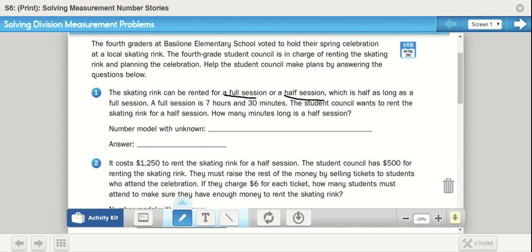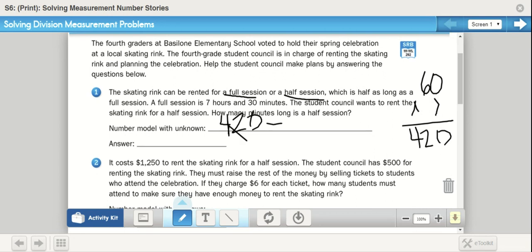So 7 times 60 is what? So I'm going to make a note over here. 60 times 7, because there's 60 minutes in an hour, is 6 times 7 is 42. Add my 0, so I have 420 minutes. 420 minutes, divided by 2.